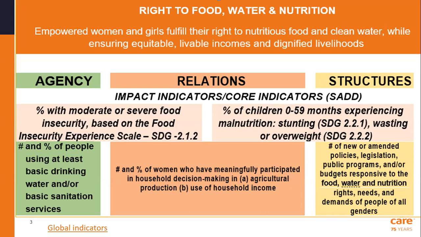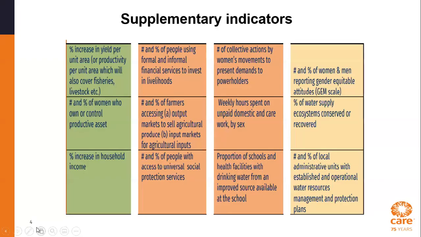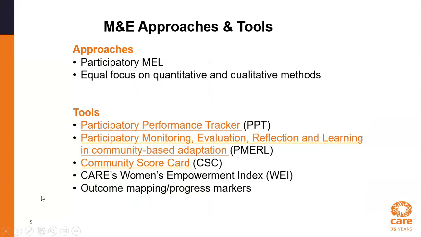You could find these indicators and their guidance notes following the link mentioned here. So we also have identified supplementary indicators for our impact area. Here are some examples of those supplementary indicators that we use for measuring our impacts. This is not the full list, by the way, only a few examples for your reference. Moving to the next slide.